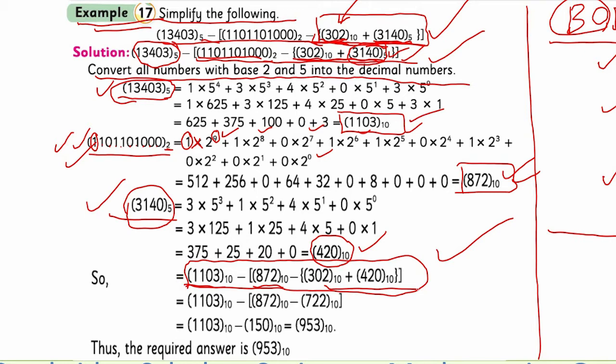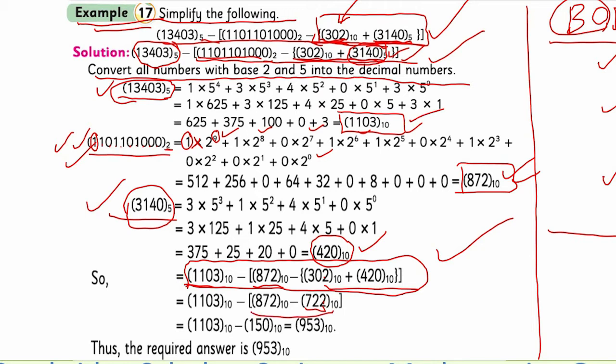When we added 302 with base 10 plus 420 with base 10, we have 722, means 2 and then 2, 4 plus 3, that is 7.